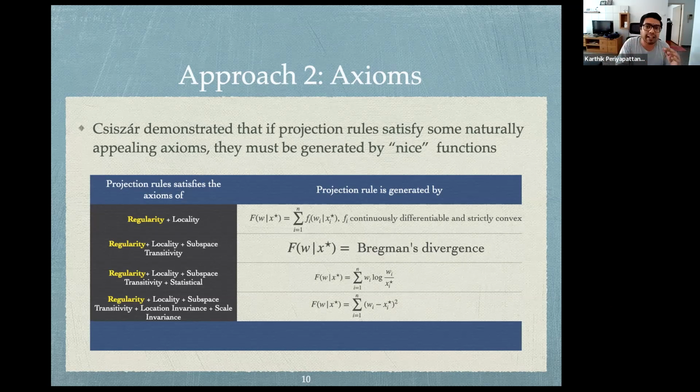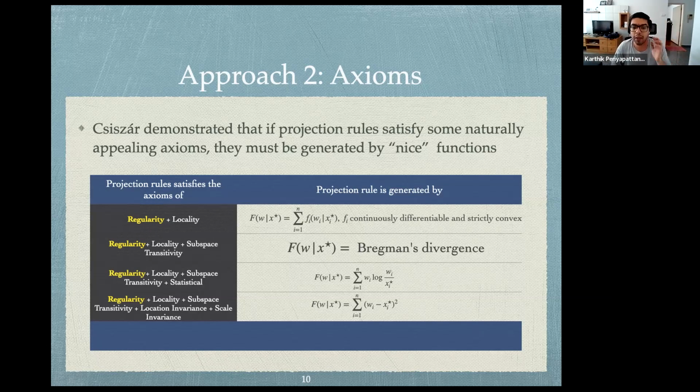Similarly, if you throw in another property, which is that of subspace transitivity, then f necessarily has to be a Bregman divergence. Bregman divergence, for those of you who are not aware of this, is a large class of divergences, among which KL divergence and the two norm Euclidean distance are very well-known examples.